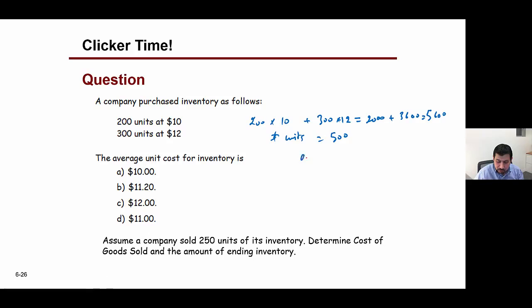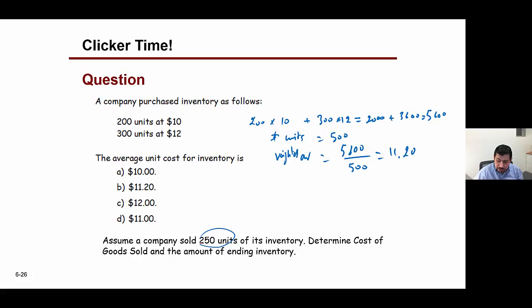So the weighted average will be equal to 5,600 divided by 500. That would be 11.20 per unit on average. Now, in order to calculate the cost of goods sold, the company sold 250 units.